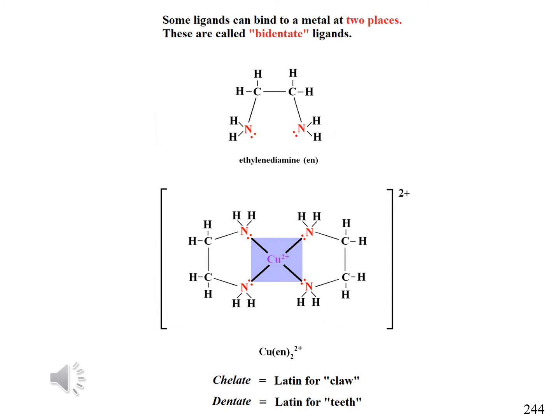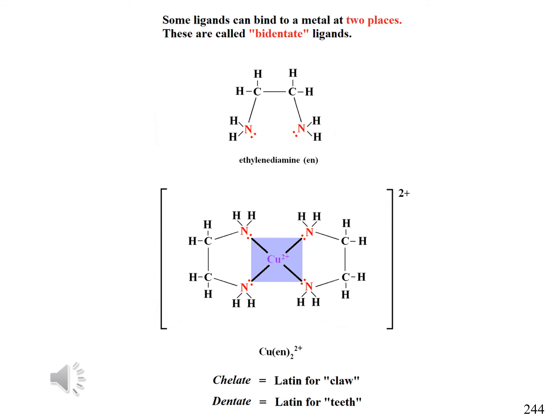But I wanted to show you that, as you can see, this is an organic molecule, but it's not that complicated. The 2 carbons have 4 bonds each, and each of the 2 carbons is connected to a nitrogen, and nitrogens have 3 bonds each. Now each of the nitrogens has an unshared pair.